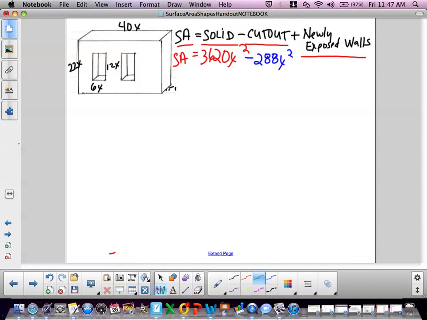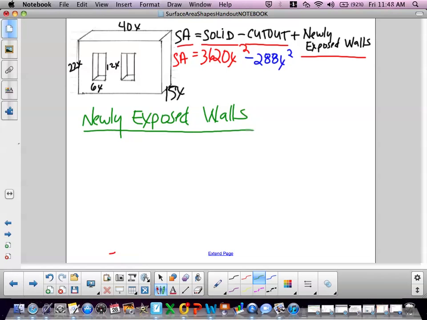So my newly exposed walls, calculating that area, I have 4 walls that are 6x by 15x.